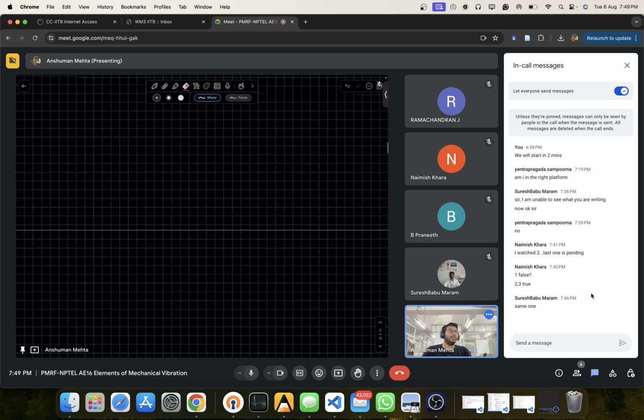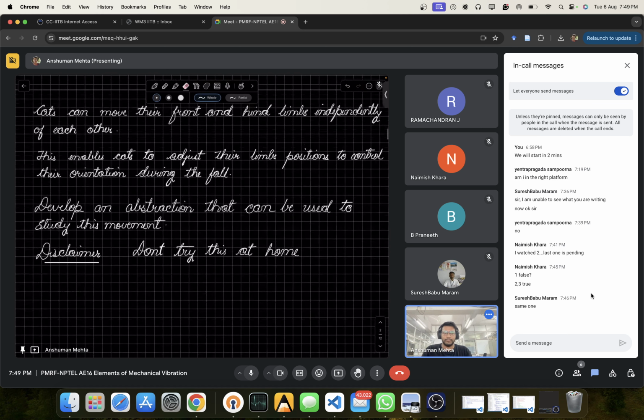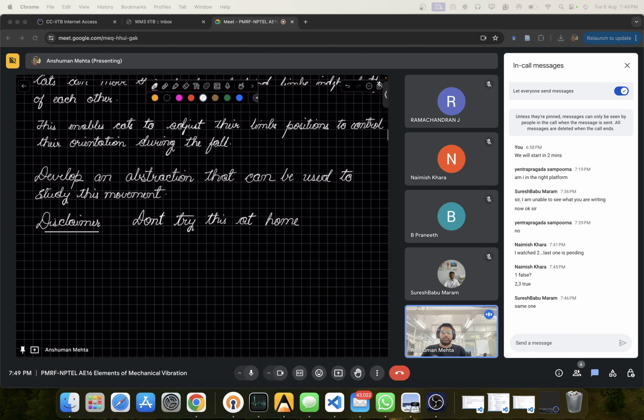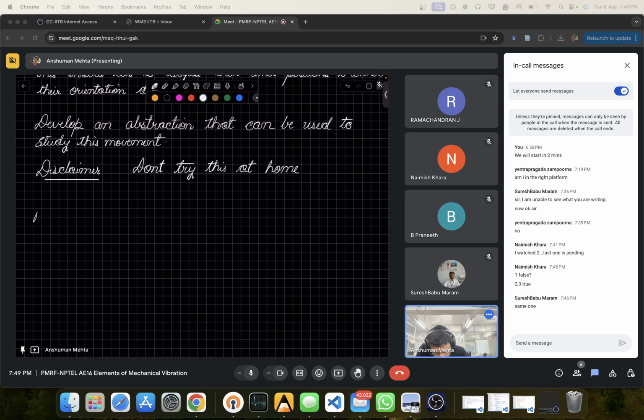So coming to the cat problem. The first thing, which was actually answered in the previous lecture, is the problem statement which is required.